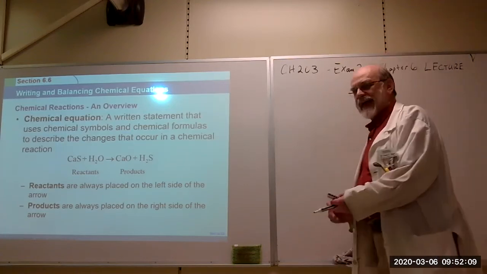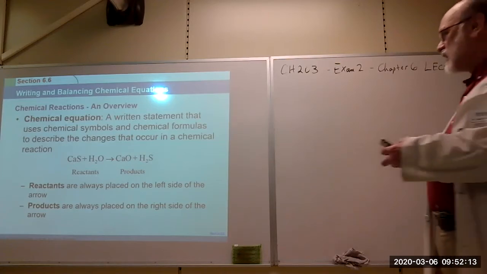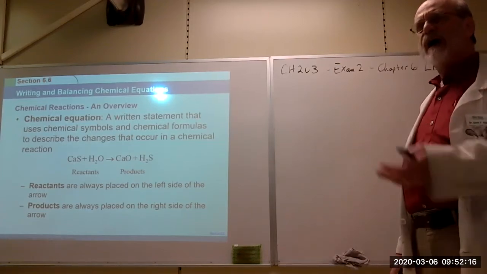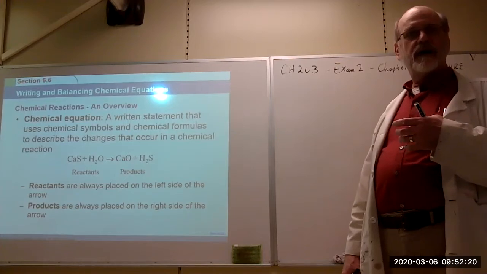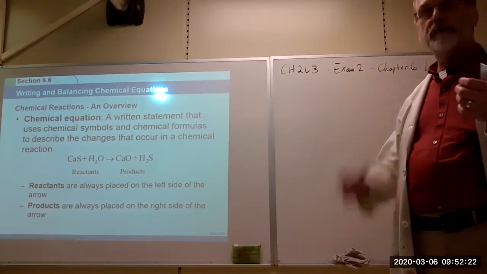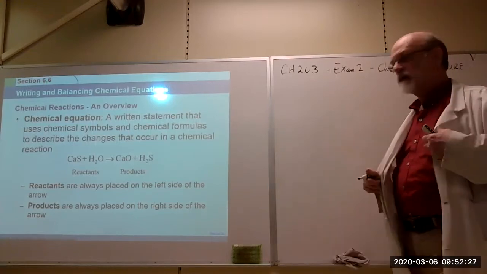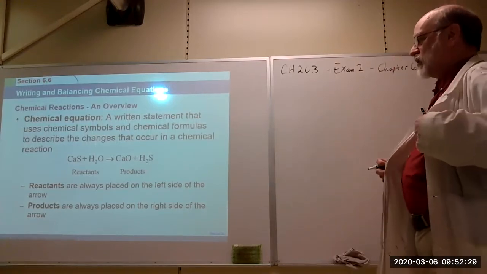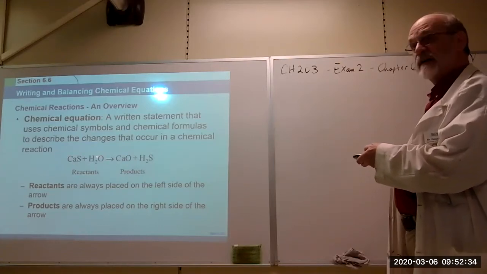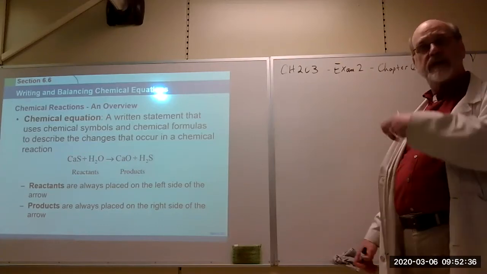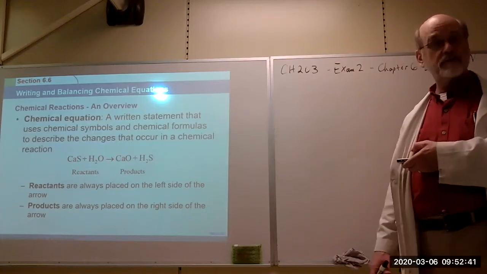Okay, now for chemical reactions. A chemical reaction is sort of a symbolic statement of what's happening when a chemical reaction occurs. We're describing it in terms of the reactants on the left-hand side. This is by convention. You always put the reactants on the left-hand side, and an arrow says these are the products.